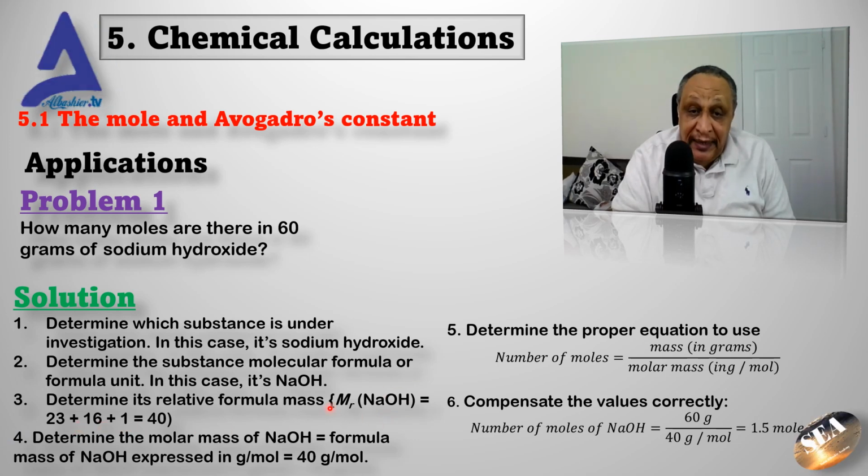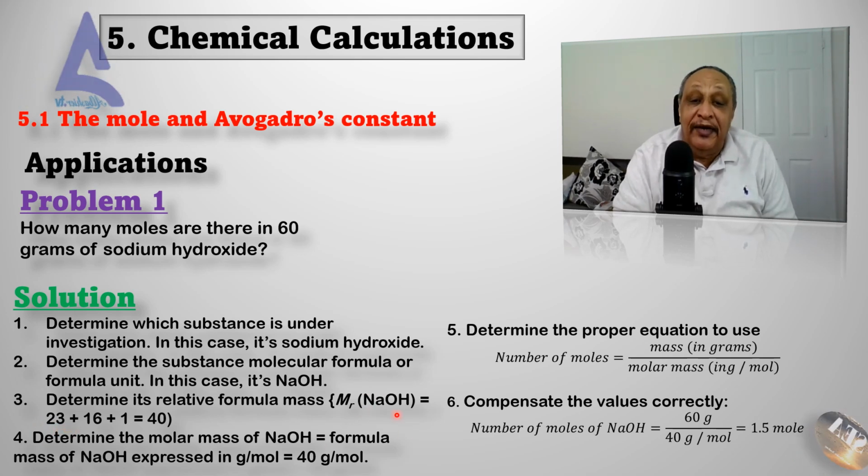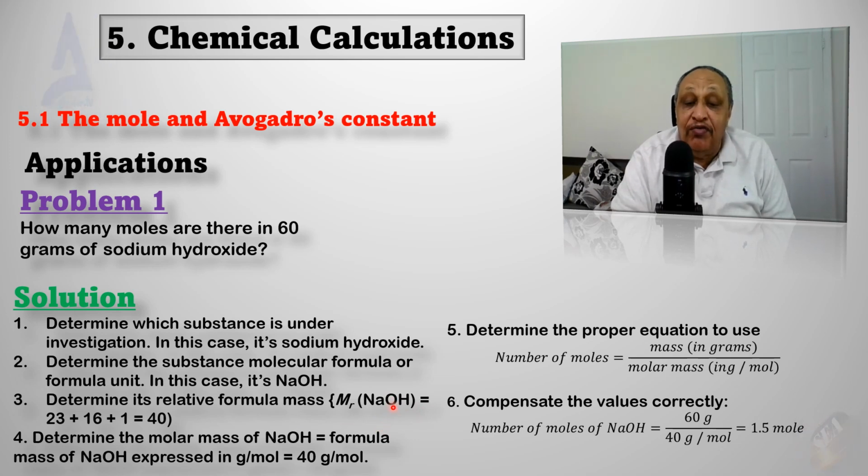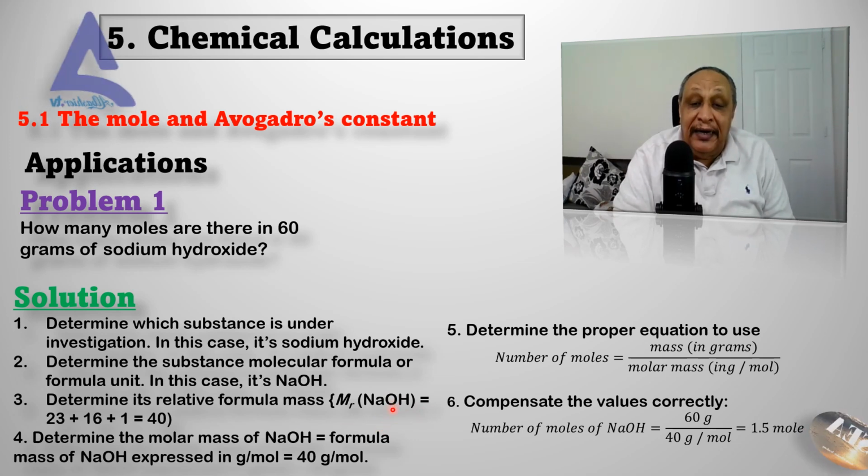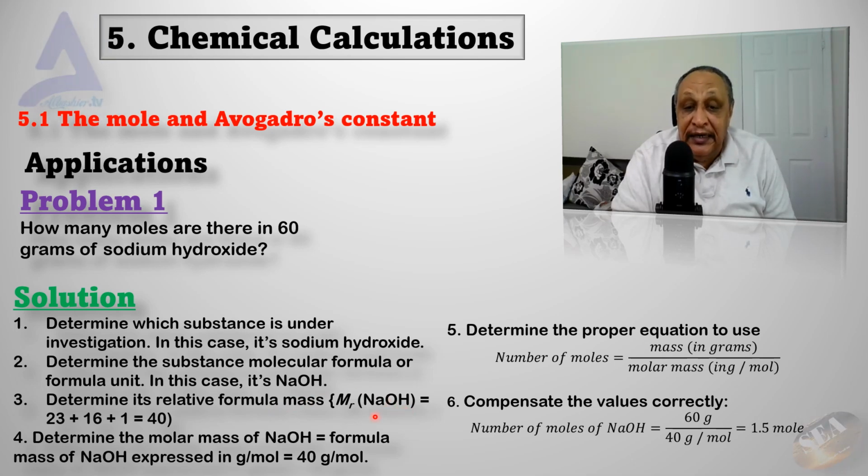This sodium is only one atom, so it is 1 multiplied by 23, which is equal to 23, and then one atom of oxygen. The relative atomic mass of oxygen is 16 multiplied by 1, because this is only one atom of oxygen, so it is 16, and one atom of hydrogen, and the relative atomic mass of hydrogen equals 1. When we add all these together, it gives us 40.